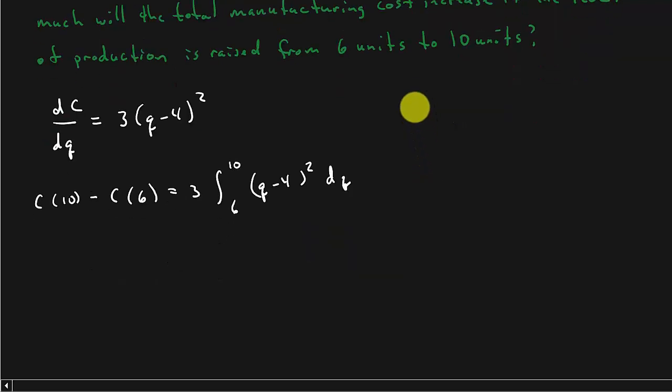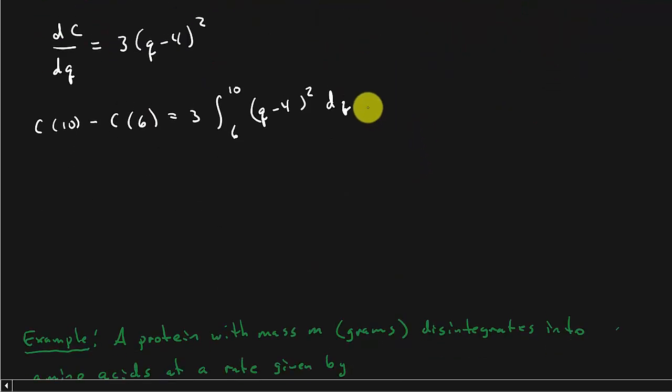Here I will be using u substitution. I'm going to let u equal q minus 4, du is equal to dq. So I can put u in for q minus 4 and du in for dq. So this is going to be 3 times the integral of u squared du.